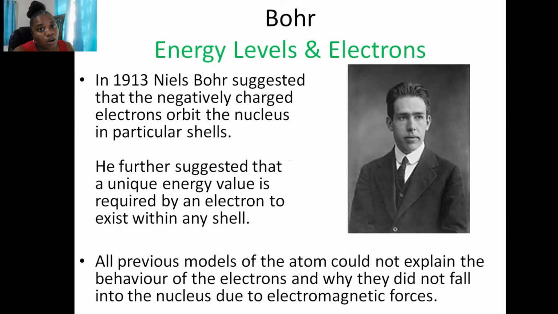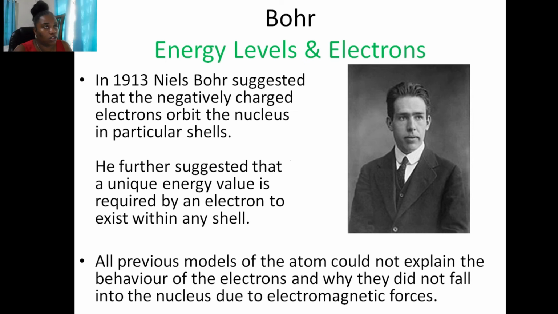Then here comes Bohr, very brilliant man, who says, yeah, we know the electrons are not inside of the nucleus, but we have to account for where they actually are. And so he figured out that these electrons must be existing in some type of spatial arrangement where you have levels to this.